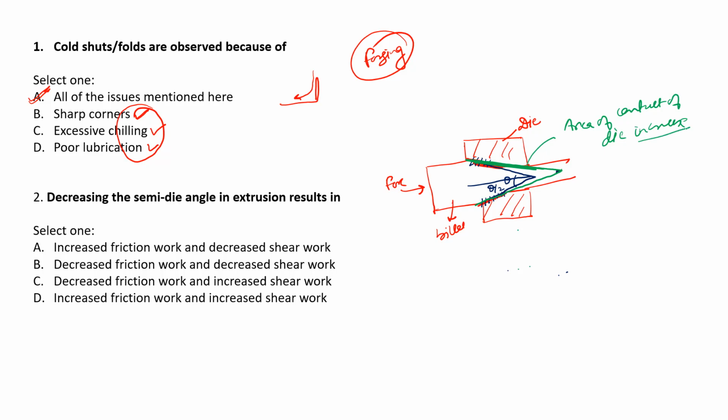If the area increases, that means the frictional force will increase. That means the amount of friction work will increase, and because of this angle, as it tapers down, the shear force decreases. Okay, so the correct option will be increased friction work and decreased shear work.